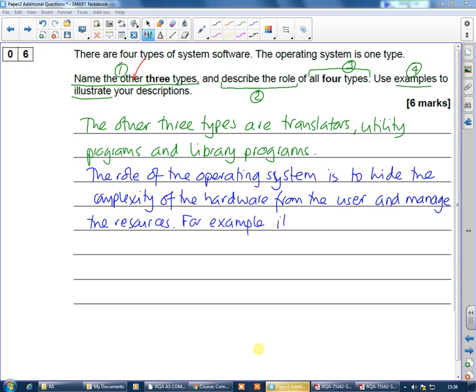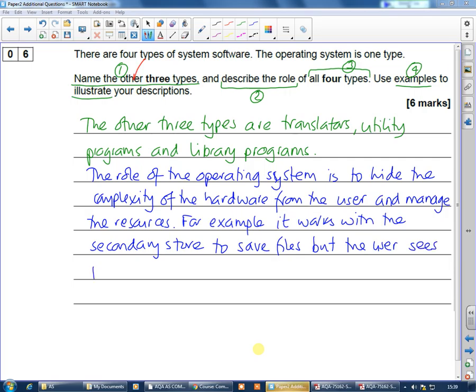For example, it works with the, let's call it secondary store, to save files, okay, that the user sees, sees pictures of this.